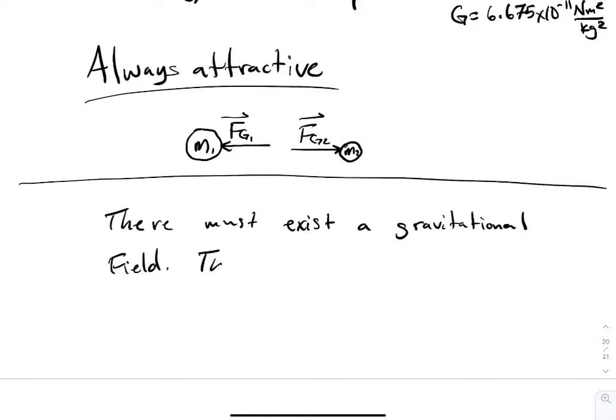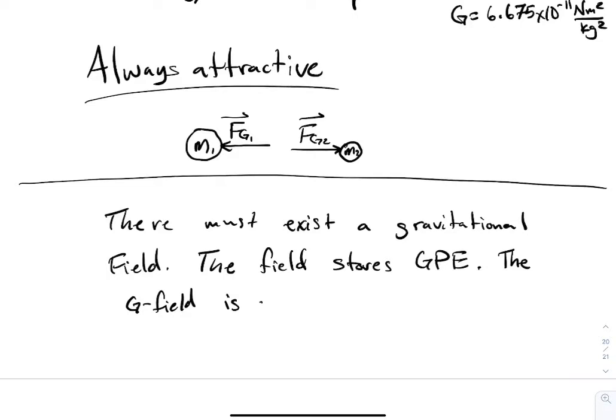And we say that the field stores gravitational potential energy. Then we could note that the G field, the gravitational field, is a mathematical entity, and it allows us to predict the behavior of massive bodies near other massive bodies.